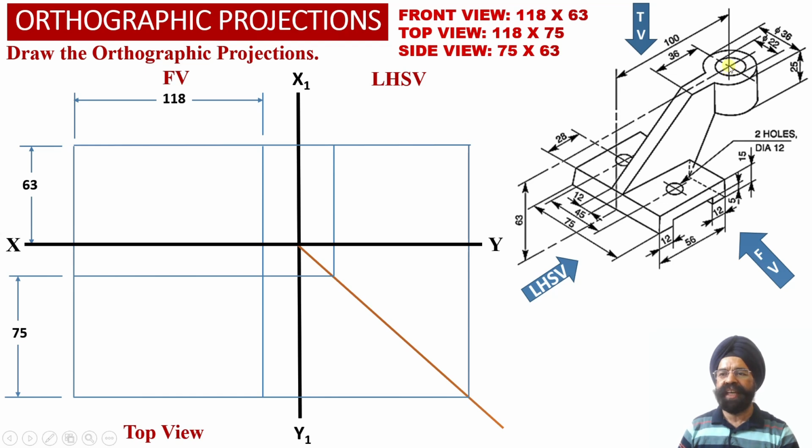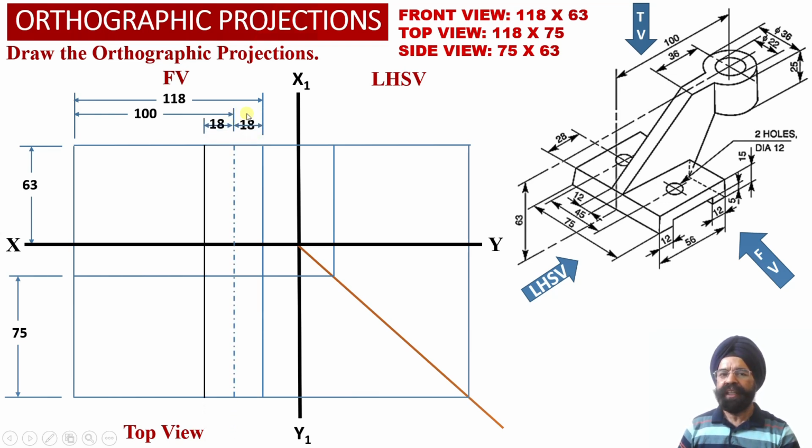Here we have got a center point over here, which is at a distance of 18 millimeter from the right hand side face of the solid. So this is the right hand side face of the solid available over here. So now from the right hand side face of the solid, we are going to measure a distance of 18 millimeter over here.